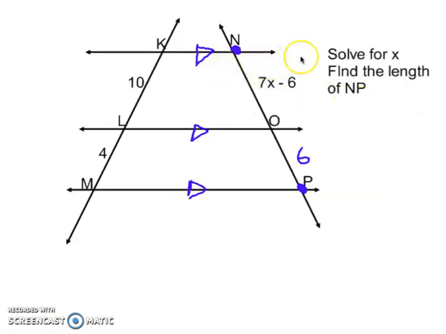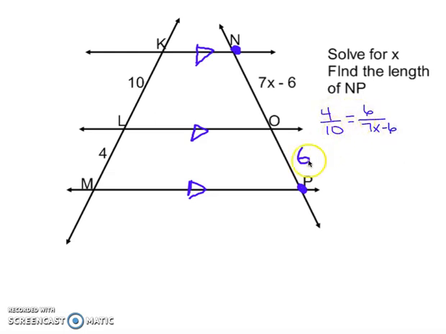On our next example, we have to solve for x and find the length of NP. So we can see our parallel lines and our transversals here. So to set this up to solve for x, which is right here, we can take 4 divided by 10, here's our 4 over 10, and set that equal to 6 over 7x minus 6.